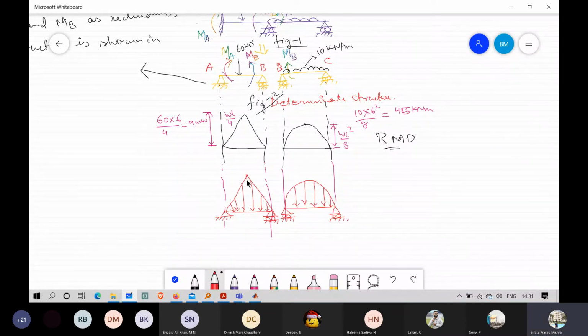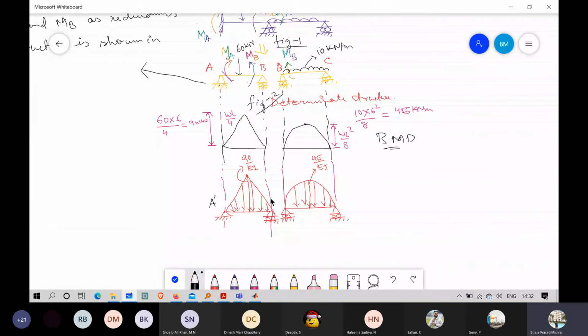This center one will be 90 by EI, and here at the center it will be 45 by EI.